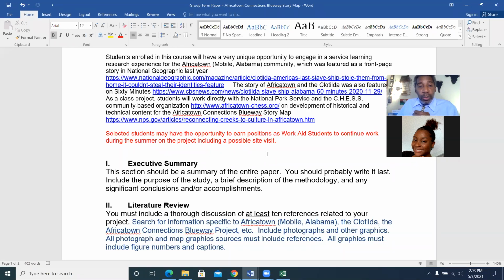You'll work directly with the Africatown Chess Organization, a community-based organization that is working to preserve and restore Africatown. What the Black community in Mobile wants to do is create something similar to the Whitney Plantation, where you'll have this story. Like I said, there's nothing else like the story of the Clotilda anywhere else in the country, and you are going to get the opportunity to be a part of it.